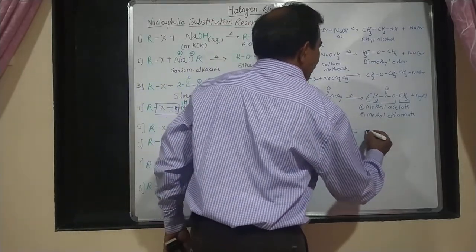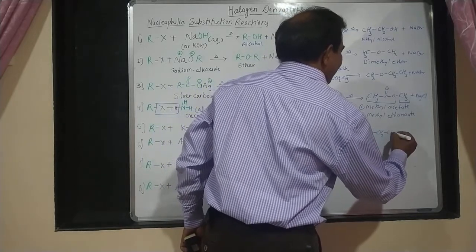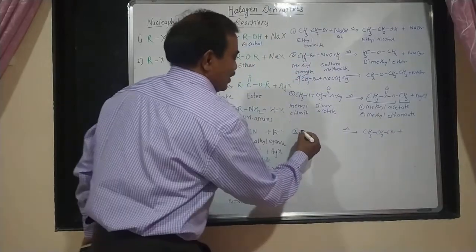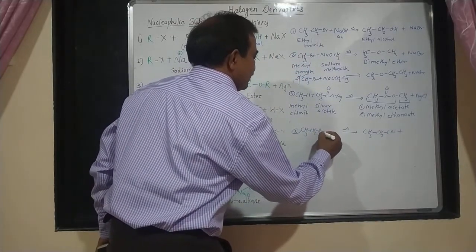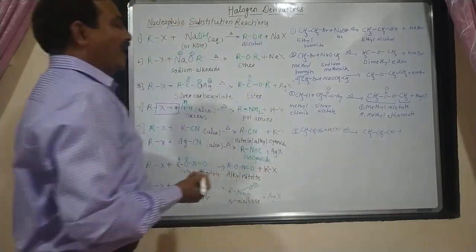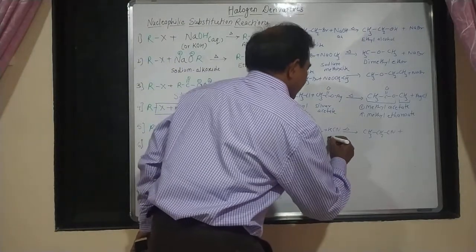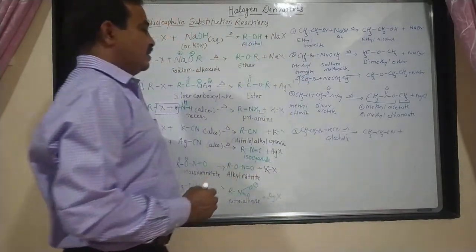Suppose I want to prepare ethyl cyanide. I will take ethyl bromide, CH3CH2Br, plus the reagent, which will again be alcoholic potassium cyanide.